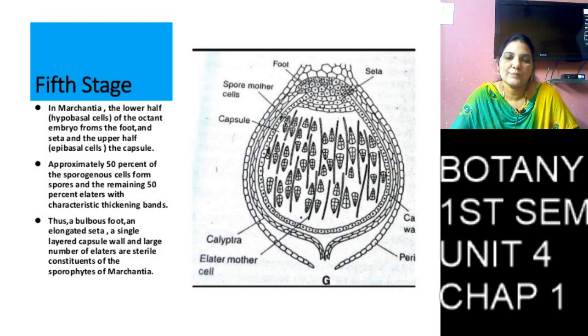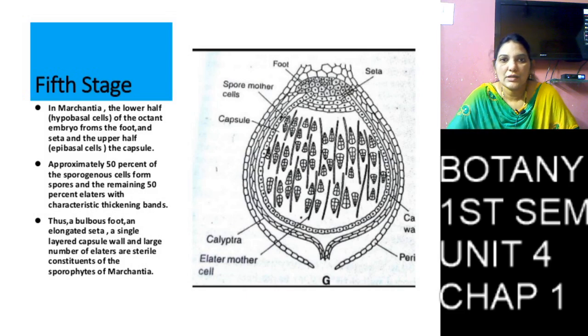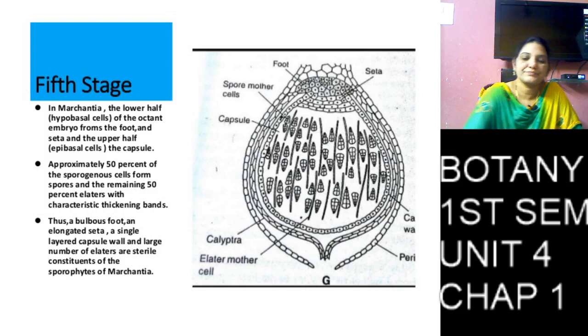The tetraspores mature and separate from each other, and they form single haploid spores. Here in Marchantia, in the development of the sporophyte, the calyptra is present here, elaters are present here, the long elongated seta is present here, and the pseudoperianth leaves are also present here.